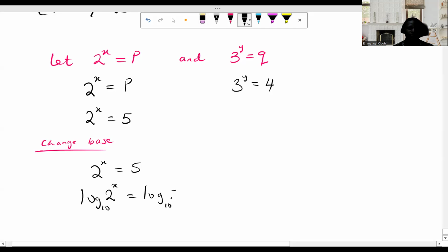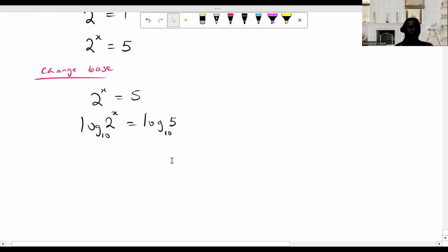So log 10 of 2 to the power of x equals log 10 of 5. Because what you do here, you have to do to the other side. From logarithm, this becomes the power multiplied by the log.